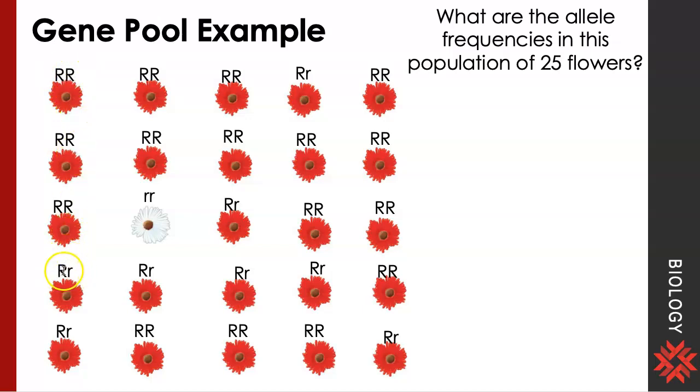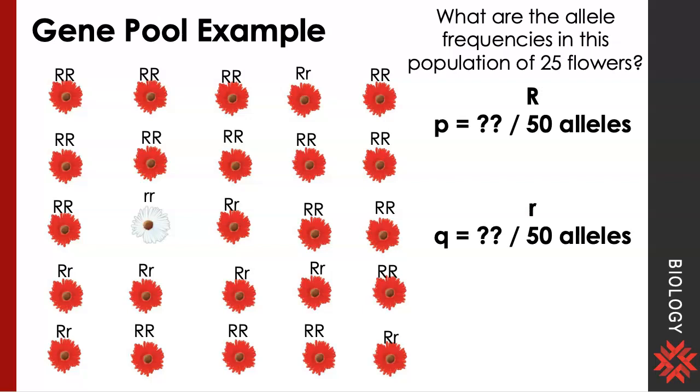Big R, little r is heterozygous, and little r is homozygous recessive. So for these 25 flowers, what are the allele frequencies? So really what I'm saying is how many big R's are there in this population? How many little r's are there in this population?